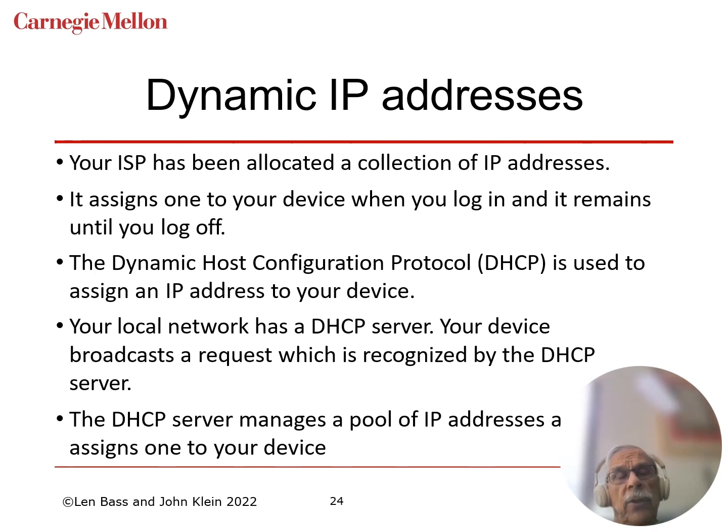Again, it's in the router, or if you're in an enterprise, it's a special server, but your router knows about it. And the DHCP protocol essentially broadcasts saying, I have a client here, and the client needs an IP address, and it has a pool. Or if the pool gets exhausted, it'll go back to the ISP and say, I need some more.